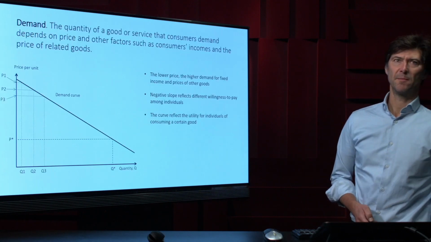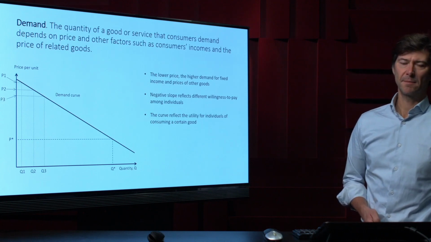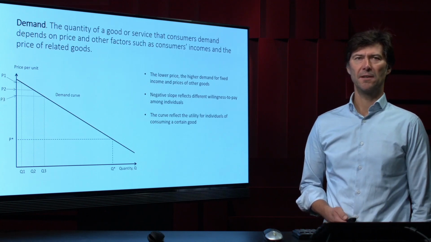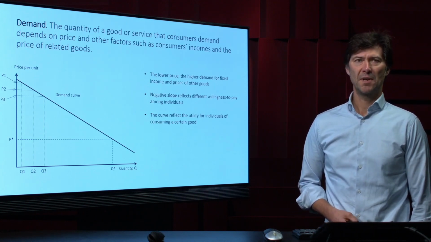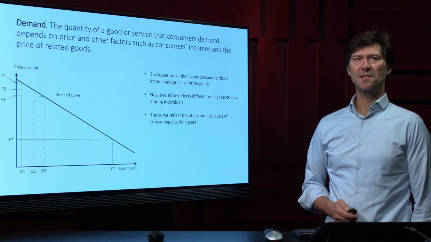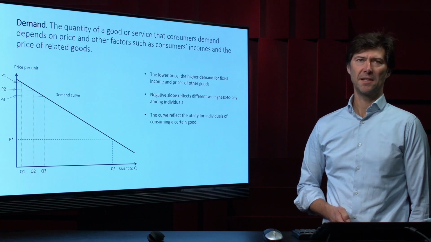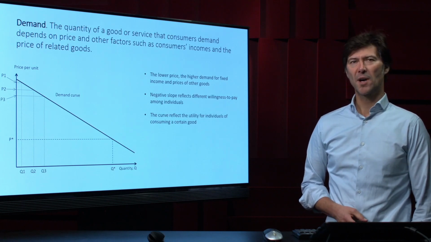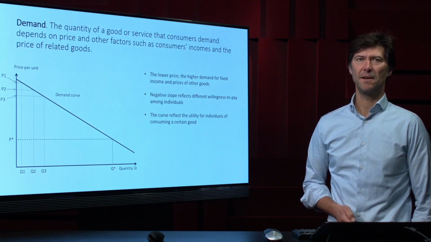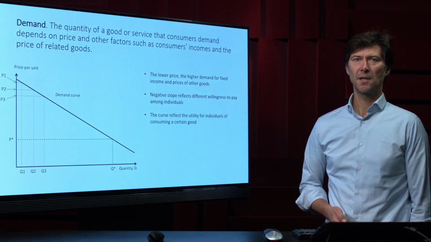Firstly, we move into the demand curve, and the demand curve shows the relationship between prices and quantity demanded by consumers. Basically, the lower the price, the higher the demand for a given good.